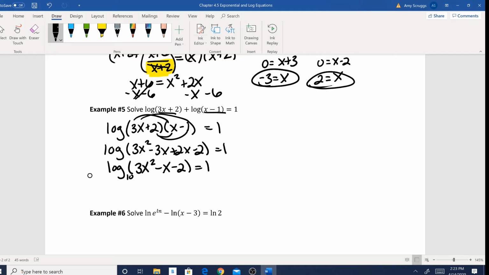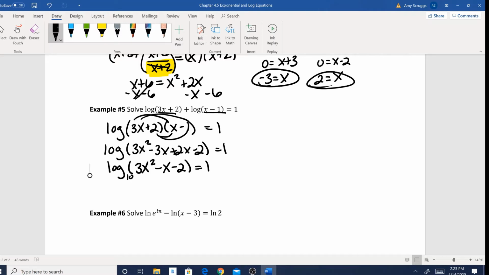If we can get this to this format, to where we can either cancel out the log on both sides or we have one log on one side, then you can rewrite this from logarithmic form, which is what it's in right now, to exponential form. Okay, so we're going backwards from what we were doing on the front side of the sheet.